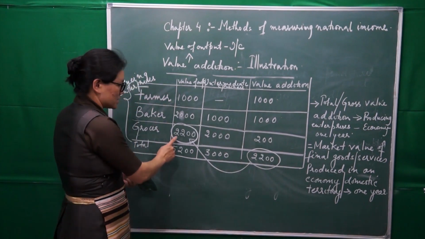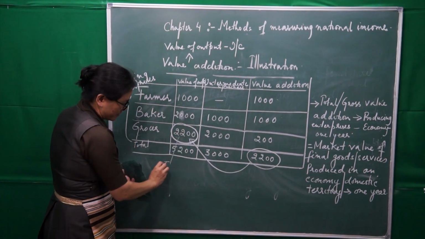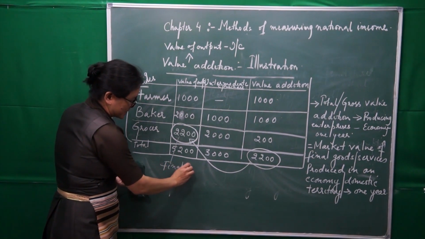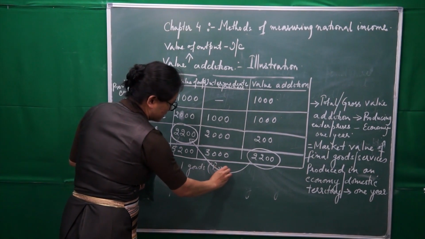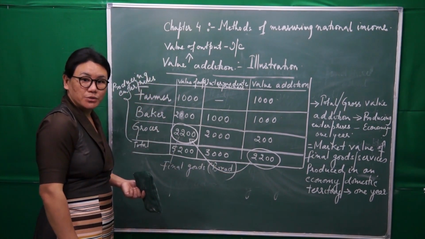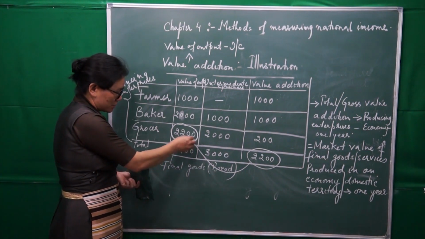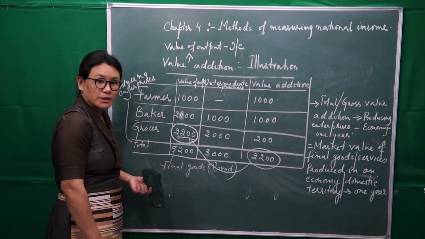See here, what is this? This is the final goods, right? That is bread. We have taken here bread, which is sold to the consumer at how much price? 2,200. Is that clear?